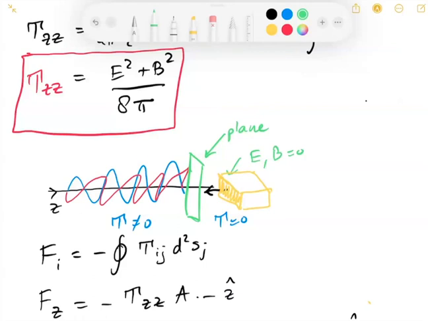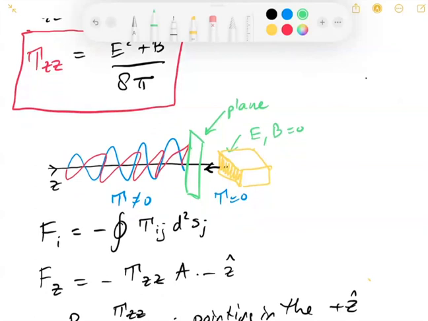Or think about it this way. Let's say our green plane is not a thing that's reflecting a wave. Let's say this is the source of a wave. Let's say this is a laser, right? Let's say you have some kind of cavity, and you have an electromagnetic wave that points to the left. The stress tensor on the left-hand side is going to be something that's non-zero, whereas the stress tensor on the right-hand side, where the laser diode sits, is going to be zero.